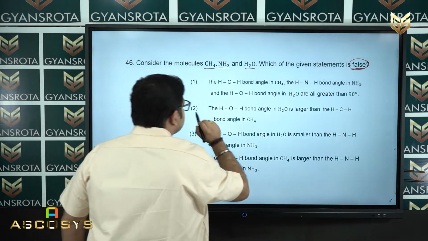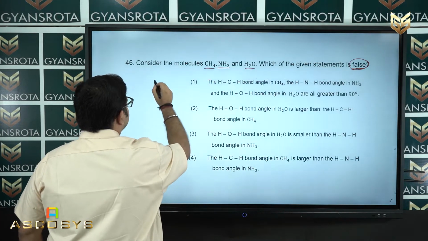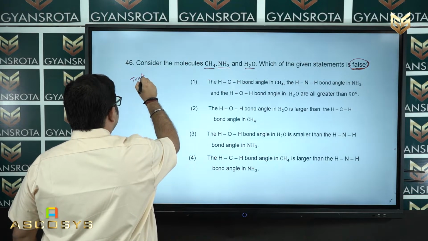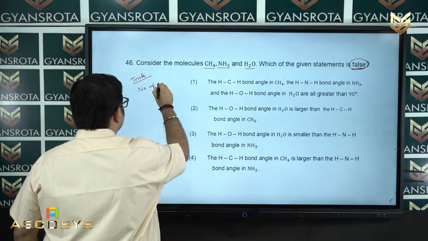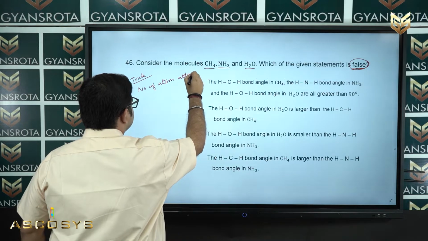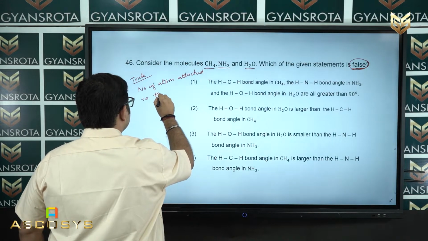First see what the hybridizations are. How to calculate the hybridization? I am giving a simple trick here: the number of atoms attached to that atom, plus the lone pairs present on that atom. Which atom?